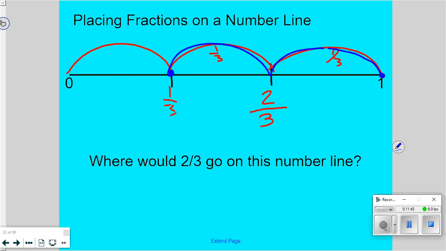If this was whole numbers, you would go 1, 2. So that means that you're skipping a ton of fractions. Sure. Last number line.